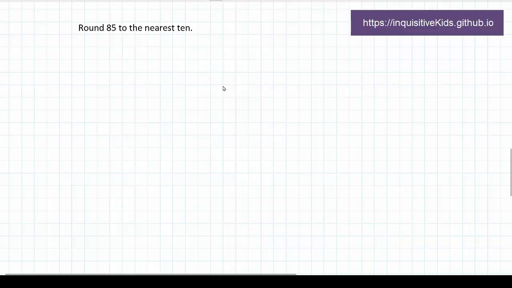Let's try another example. Round 85 to the nearest 10. In this problem, we are rounding the number 85 to the nearest tens place. 85 is in between 80 and 90.